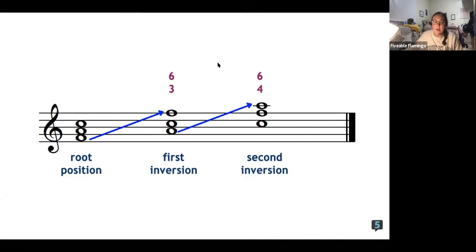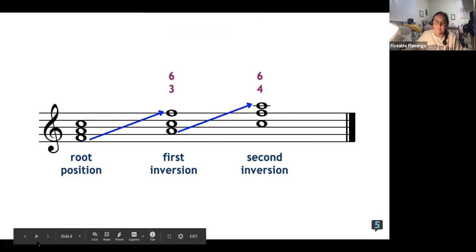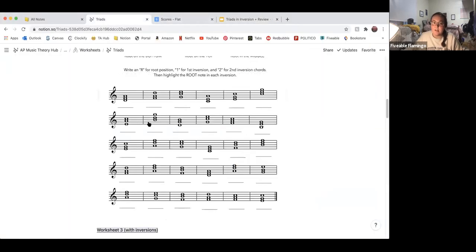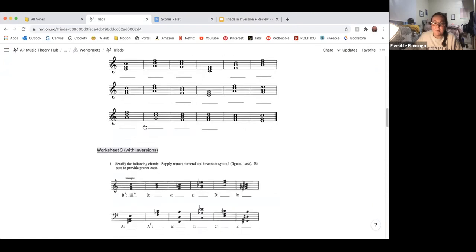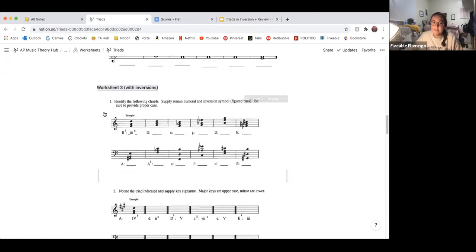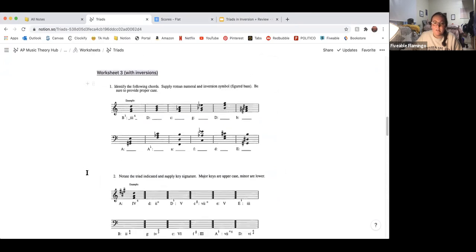So we were just going over how to notate them. I don't know if you have been onto the AP Music Theory Hub that I shared in the Slack channel, but I have a ton of worksheets in here for triads. Some of them are harder, some are easier, and I tried to mark which ones use inversions.